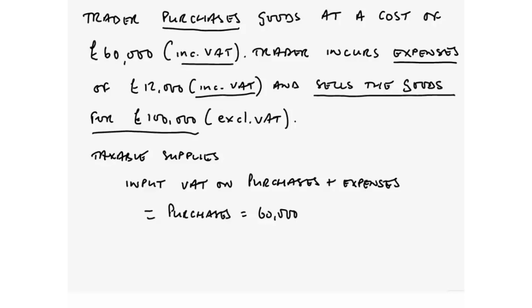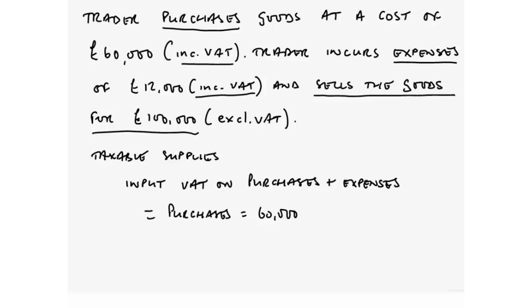So it means that the price that we've paid to those vendors of £60,000 is their price plus 20% VAT. So it's 120% of what their otherwise sales price would have been.